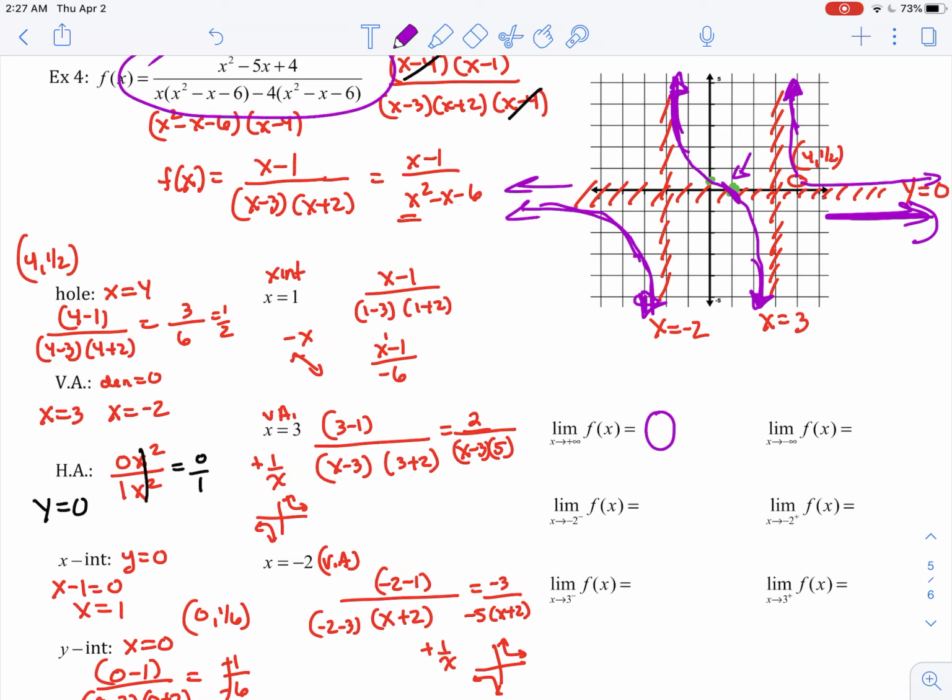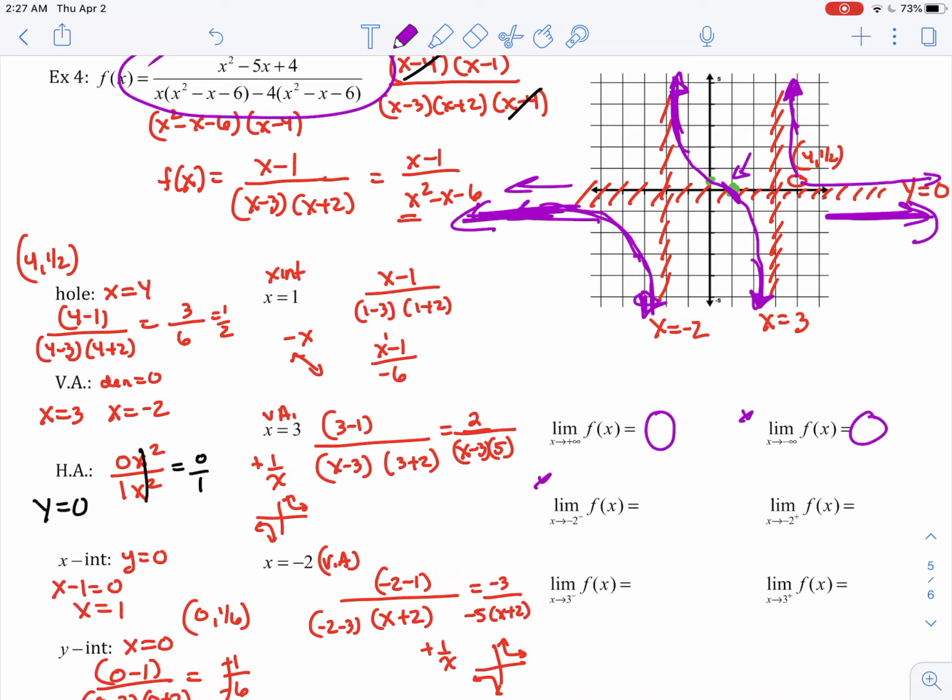The limit is approaching 0. If we look at the limit as our x values are going towards a negative infinity, so as x is getting smaller and smaller, our graph is flattening out along that horizontal line. The limit of that function is equal to 0.